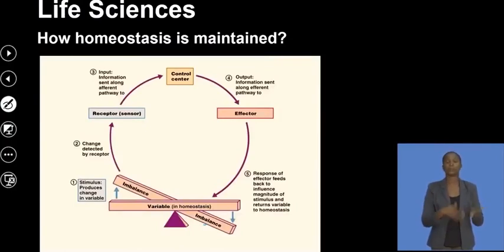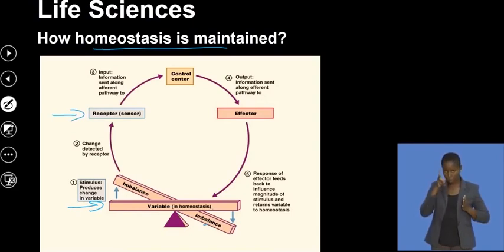So, how is homeostasis maintained? In this illustration, I've described the process of what balance is and what happens when the body responds to these changes. The body will pick up a stimulus, and a receptor picks up that stimulus.